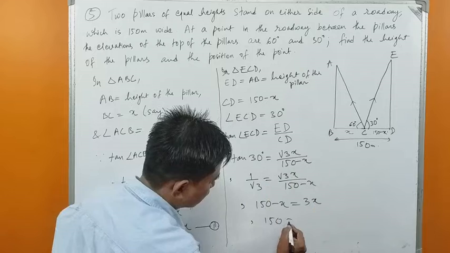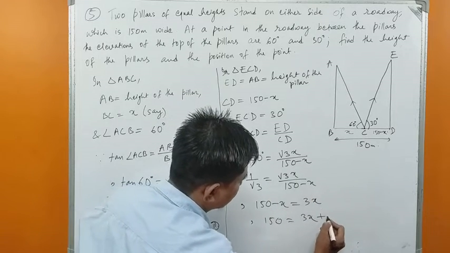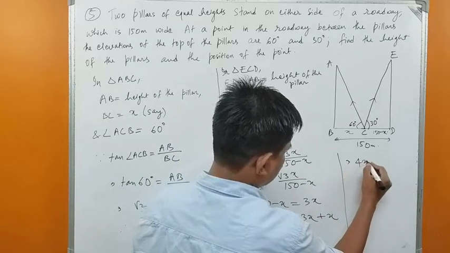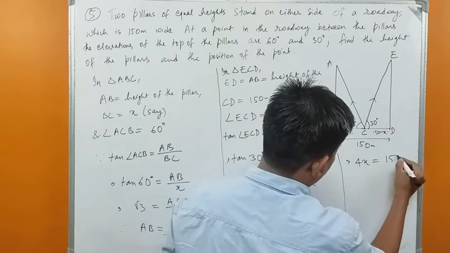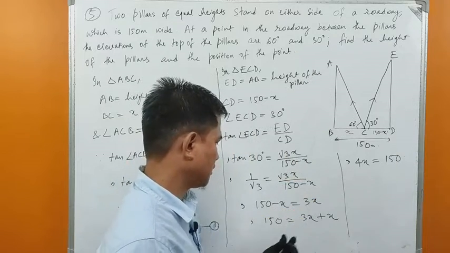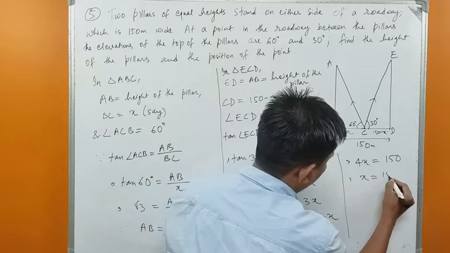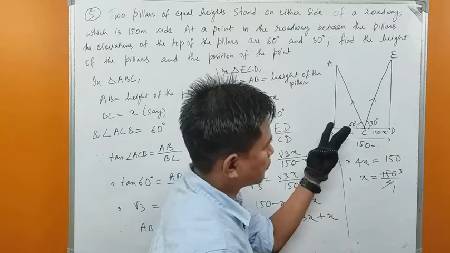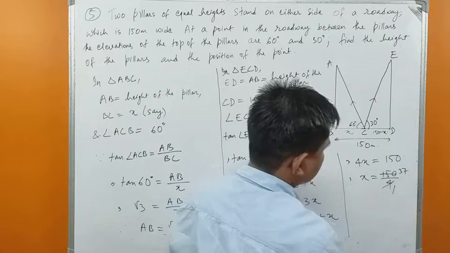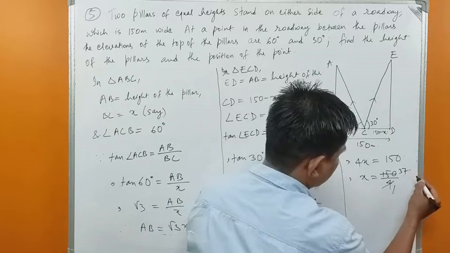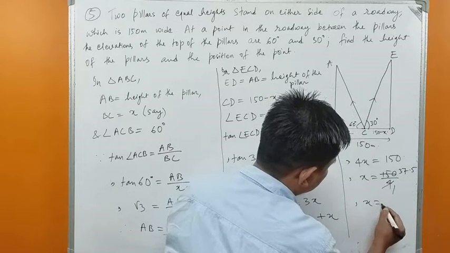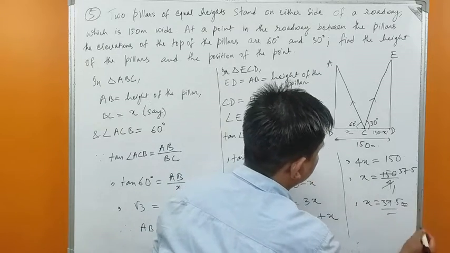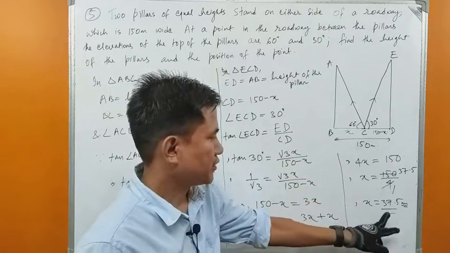So 150 equals 3x plus x, as minus x goes to the right hand side. 3x plus x is 4x, so 4x equals 150, or x equals 150 upon 4, which is 37.5. So the position of the point is 37.5 meters away from the first pillar, and from the second pillar it is 150 minus this.